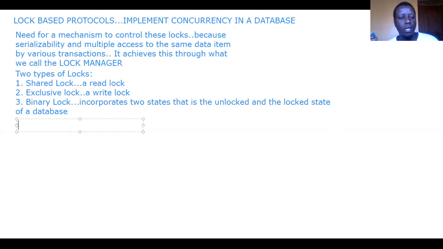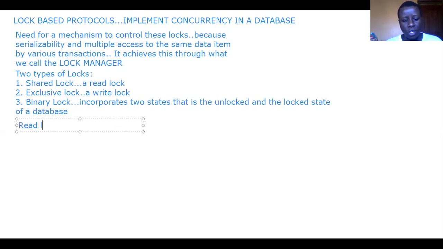When we talk about the shared lock, the read lock allows several transactions to read a certain element in a database simultaneously, but no transaction can change it at the same time, while the write lock allows one transaction exclusive access to write to a resource. No other transaction can read this resource. So that's the difference you have to understand.